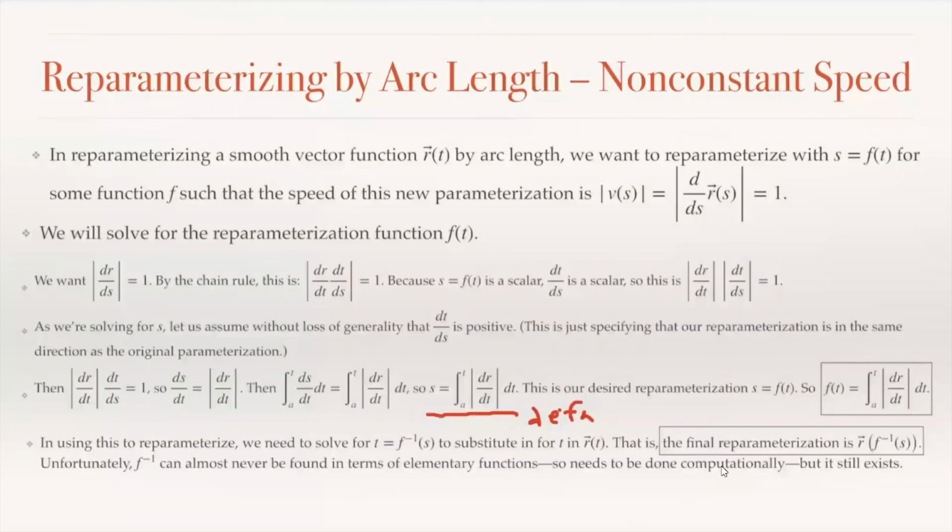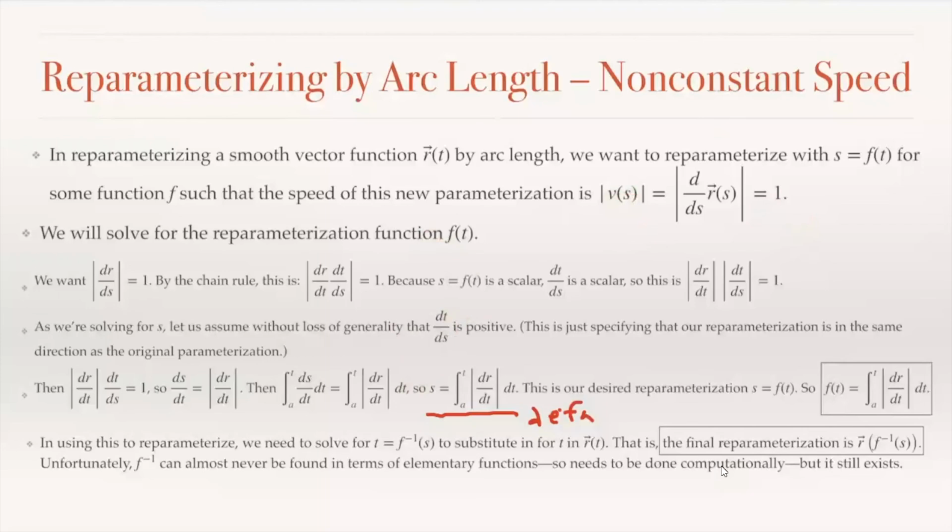So in general, to reparameterize a smooth vector function r of t by arc length, we want to find another parameter s, which we can think of as f of t. F is like our change of parameter function. For some function f, so that the speed of this new parameterization, the magnitude of v of s, is 1. So that now we are moving at 1 unit a second instead of whatever v of t moved at.